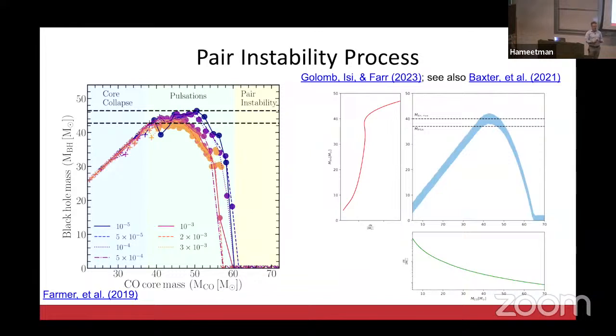Photons collide, electron-positron pairs come out, and the pressure of the core drops. As the photons provide relativistic pressure, the electron-positron pairs are produced at rest or nearly at rest. And so you lose pressure support, the core collapses, and initiates explosive nuclear burning at some point.